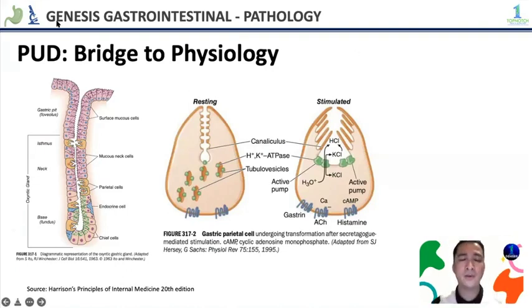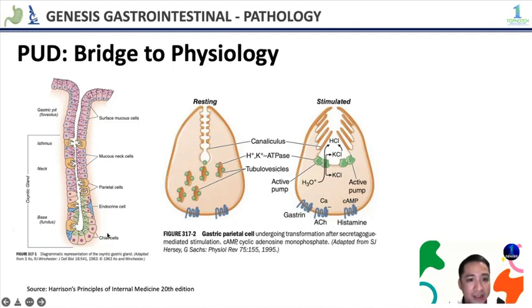So let's continue. Let's try to bridge peptic ulcer disease with the physiology. This image represents the oxyntic glands with the different cells located. We have here the isthmus, the neck, and the base. We have the fundus.